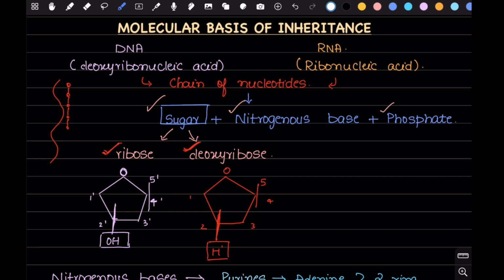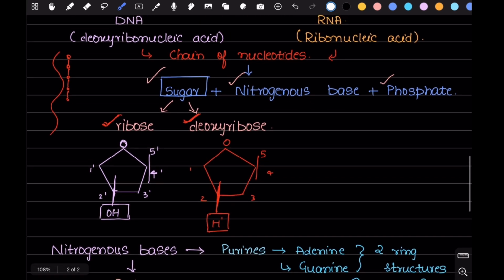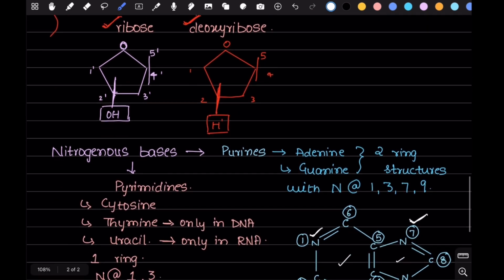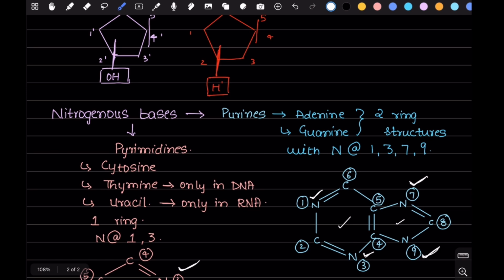The DNA has deoxyribose as its sugar, while the RNA has ribose as its sugar. Then nitrogen bases are of two types again, the purines and pyrimidines. The purines are again two, adenine and guanine. These are the two purines present in the DNA and RNA. They are two ring structures with nitrogens at first place, third place, seventh place, and ninth place.